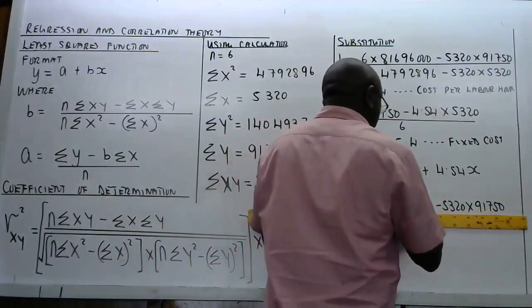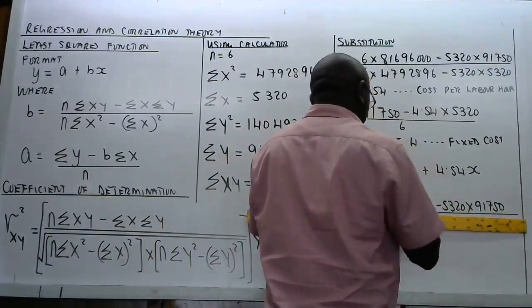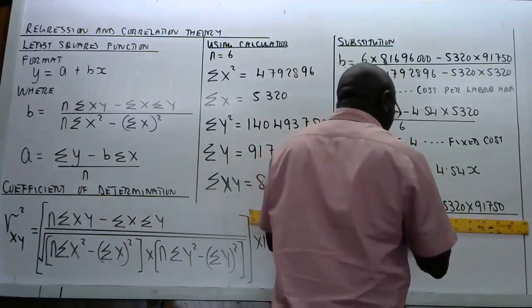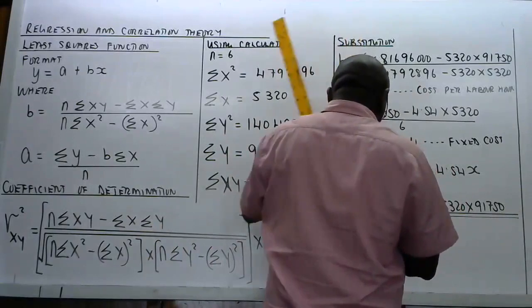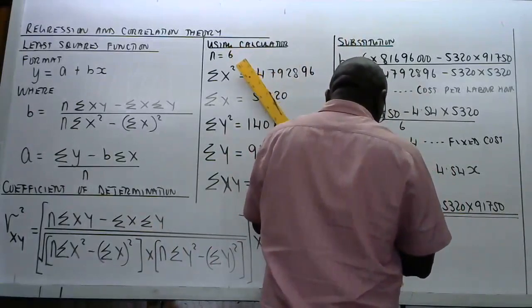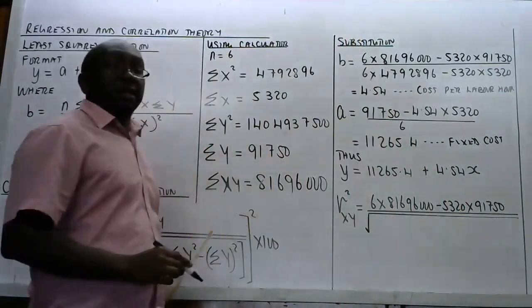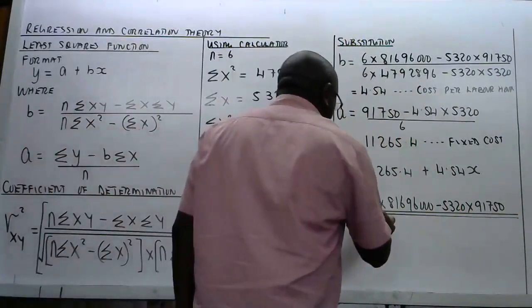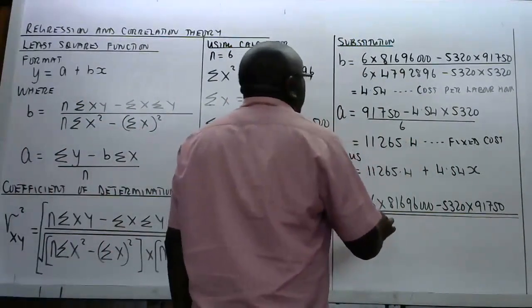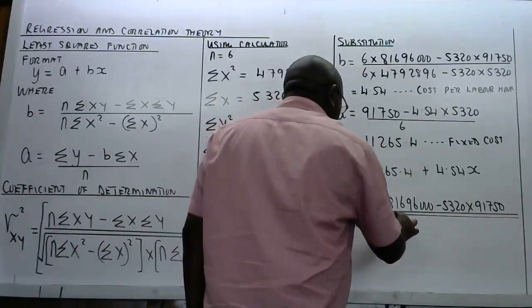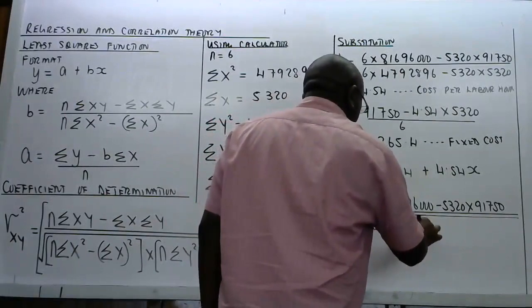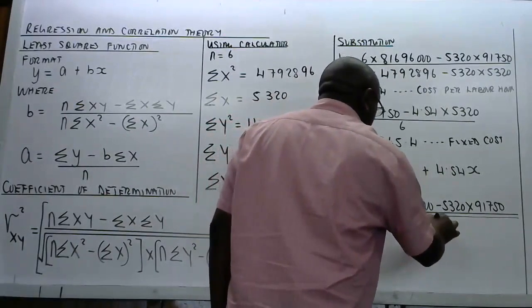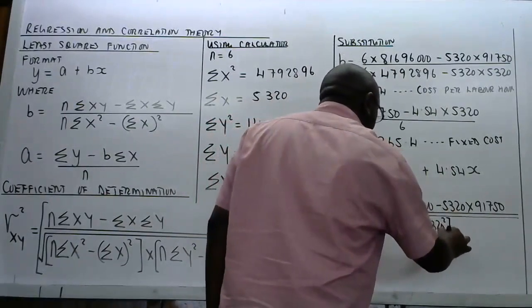So this one, you divide by the square root of 6 times 479,2896 minus 5320 squared.